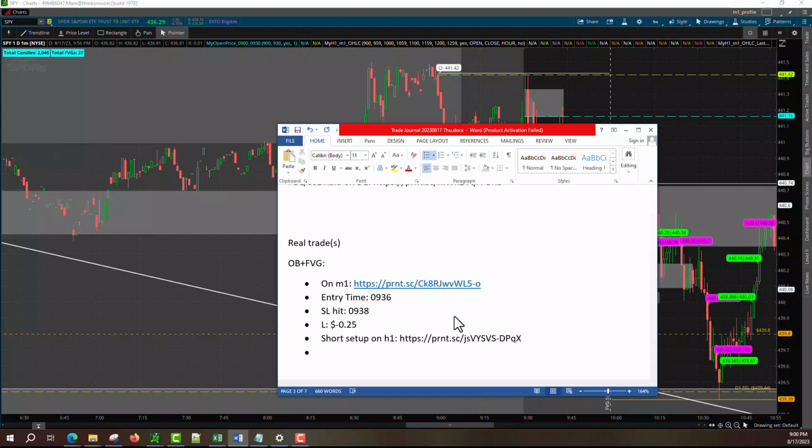That can be good feedback, right? You want your loss to be quick, fast, and you get out. But if your trade becomes a winning trade, then let it run. So that's the idea right there.